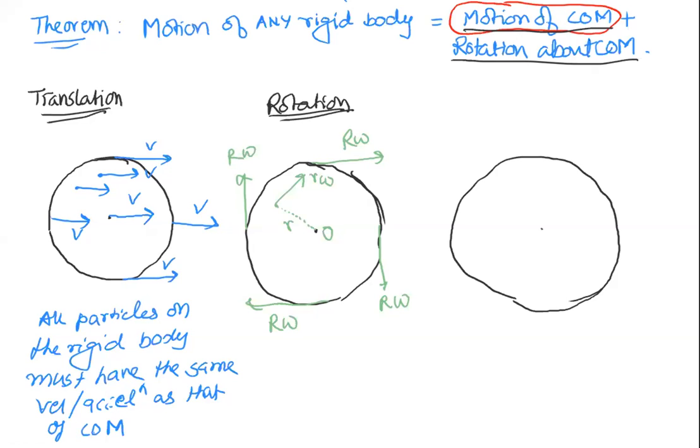What is rotation? Well, rotation is when every point has a different velocity or acceleration. The velocity is given by r omega, where r is the distance from the axis of rotation, and the direction of this velocity is tangential. And if we are talking about acceleration, then r alpha is the magnitude of acceleration, where r is the distance from the axis of rotation.